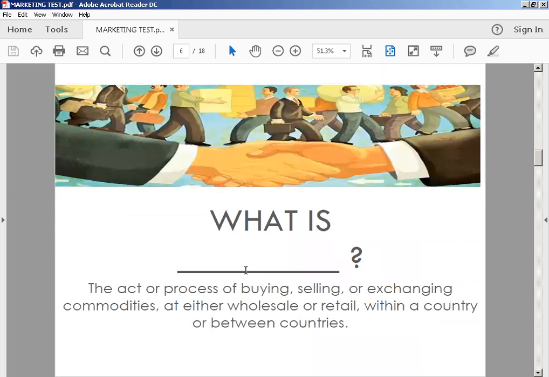What is dash? The act or process of buying, selling, and exchanging commodities at either wholesale or retail within a country or between countries. You have to put the right option over here where I'm moving my cursor. This is your blank.